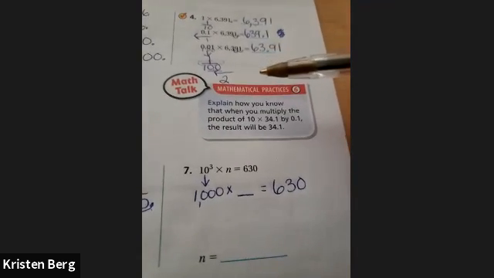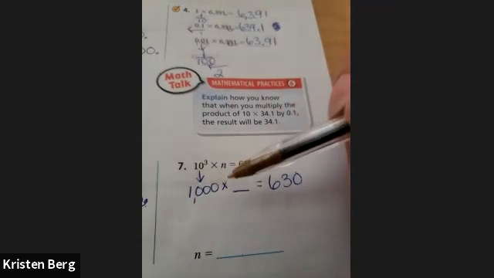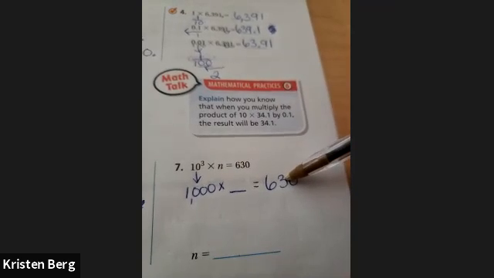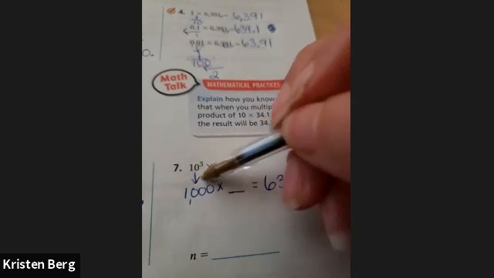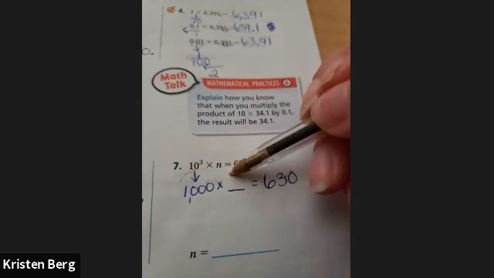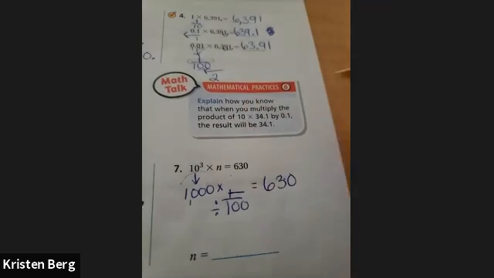So in this case, 1,000 times something is going to give us this number. They're giving us the answer, so in order to find one of the factors, we have to do the opposite of this. What is the opposite of timesing by 1,000? It is actually dividing by 1,000, or doing 1,000th of it.